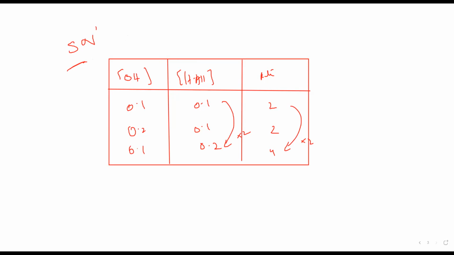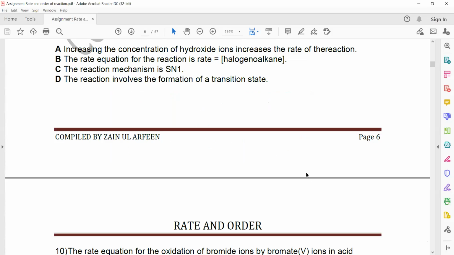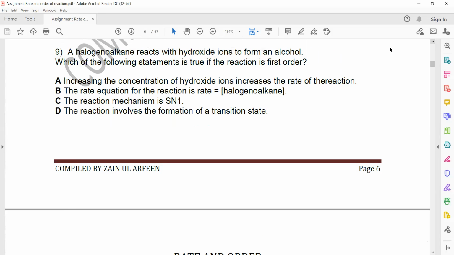So the next question is related to this. In this question they are saying a halogen alkane reacts with hydroxide ion to form an alcohol. Which of the following statements is true if the reaction is first order? If the reaction is first order, it means SN1. Why SN1?